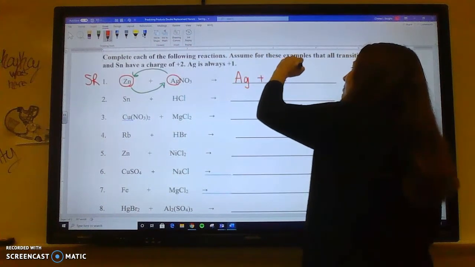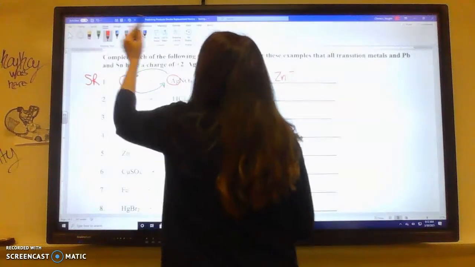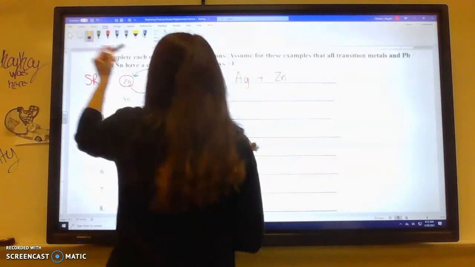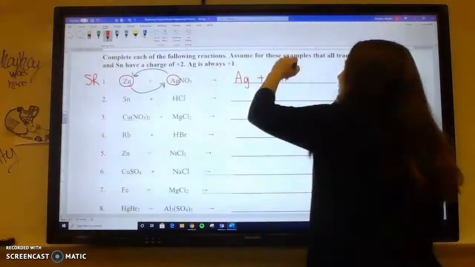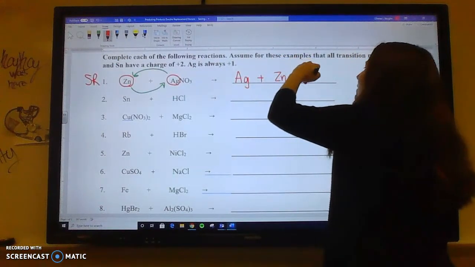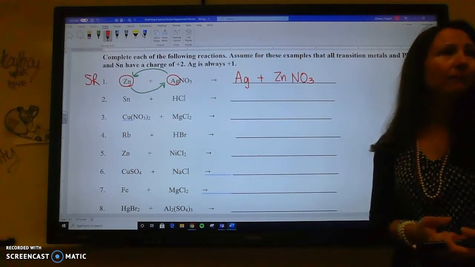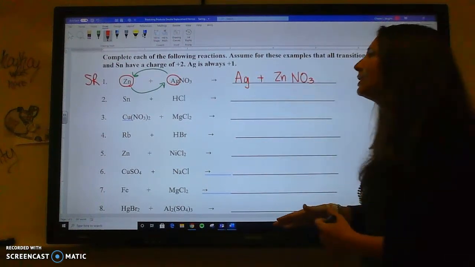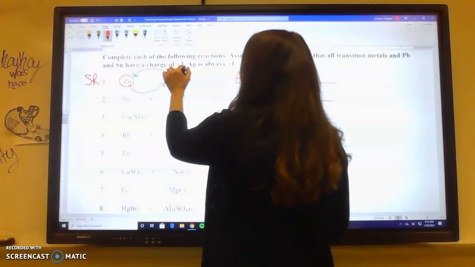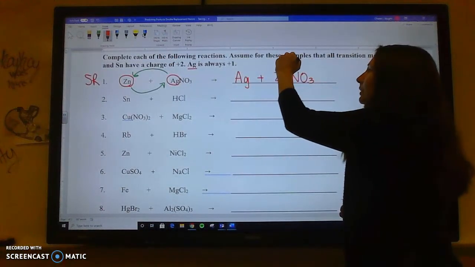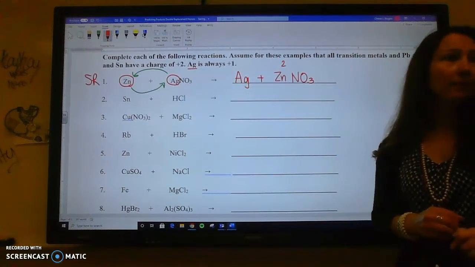So this means we're going to have charges that are going to crisscross, okay? So zinc and nitrate, we're going to assume in this case, if we have a transition metal, every single transition metal except for silver is going to have a charge of 2.